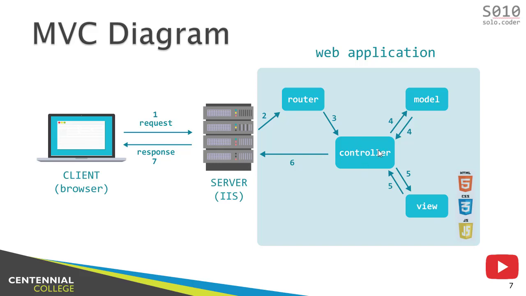And we have the controller. So the router will be able to identify which controller in our code is responsible for answering that request. I'm going to give you an example. Let's open our party invites again.